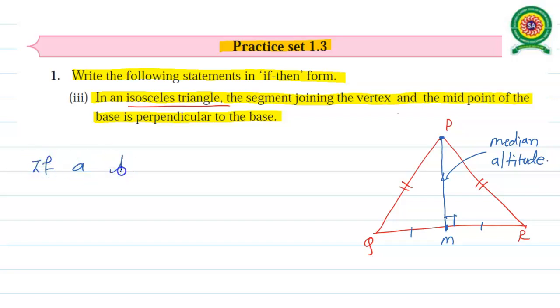So if a triangle is an isosceles triangle, then which property do we have?